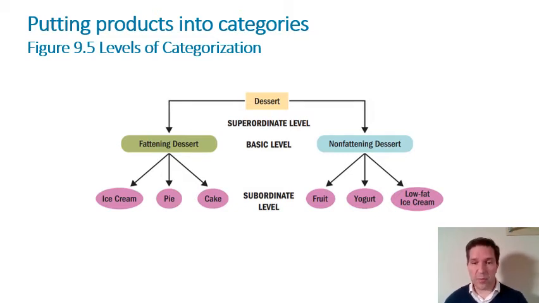If you know a lot about the product category, you tend to categorize things more deeply and carefully. If you're a novice, your categorization of the product category might be all in one lump. You don't know anything. Like, for example, if you're buying a product that you don't know anything about, like when you have a kid for the first time, maybe you don't know anything about diapers. So all diapers are placed in the same category.